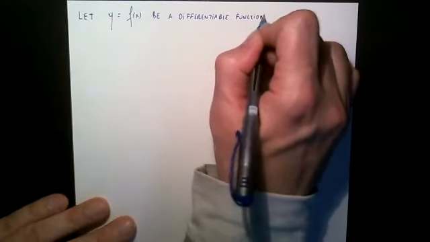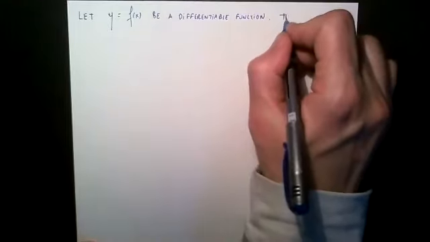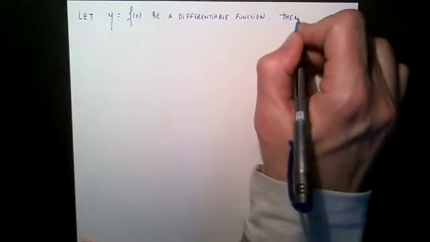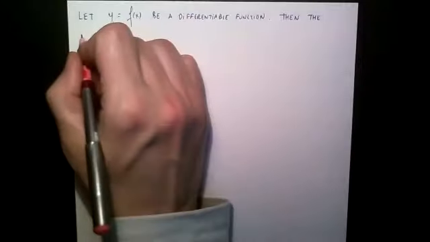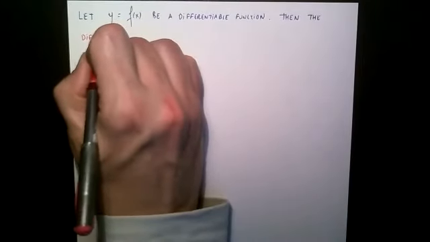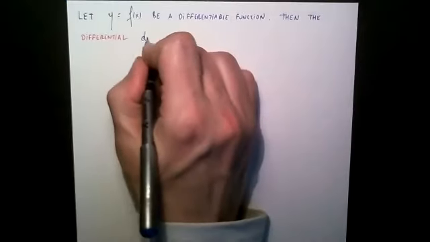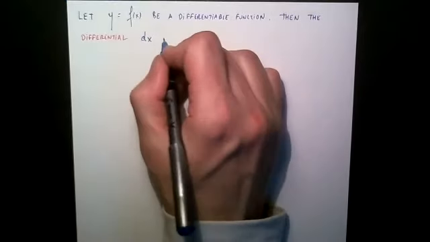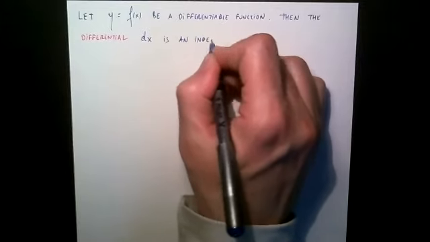Okay, so basically a function for which you could derive. We're going to talk about this a bit later. Okay, then we call the differential dx, okay, is an independent variable.